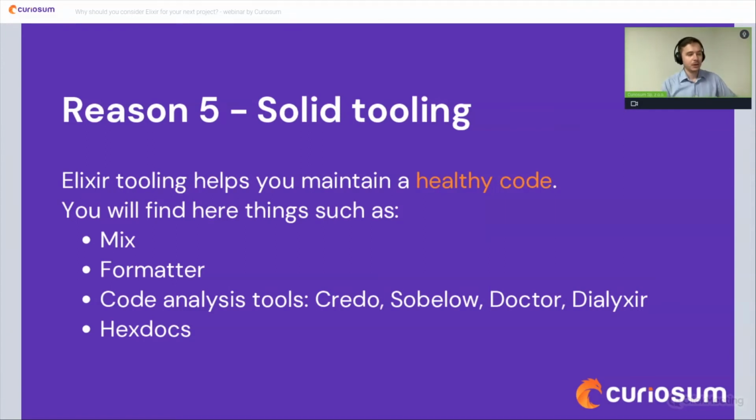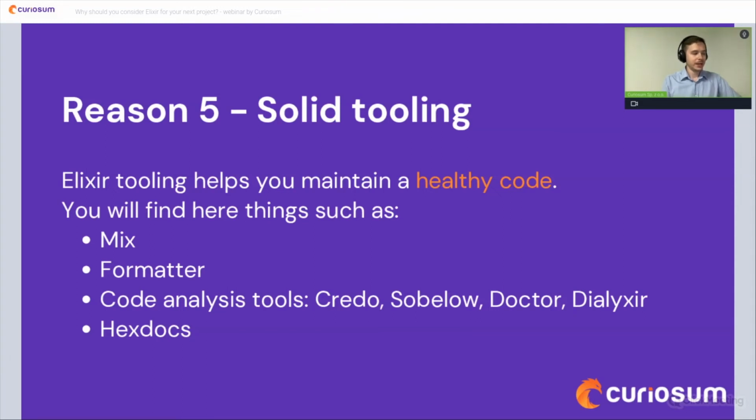A formatter, which allows you to format code in one particular way so that you don't argue with the rest of the team about what formatting style you would like to apply to the code. And code analysis tools that can, for instance, tell you a little bit about the security of your code, the quality of it, or the documentation coverage.